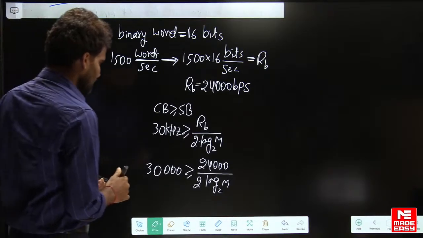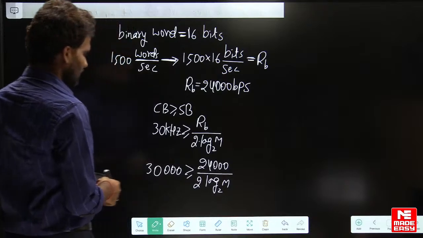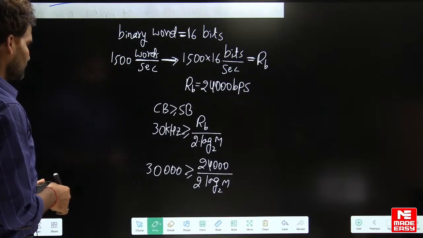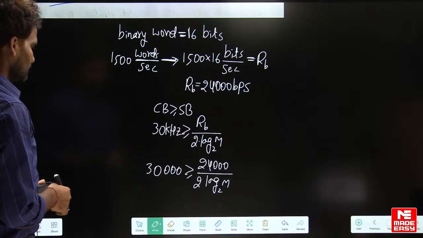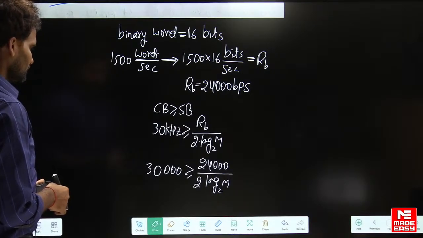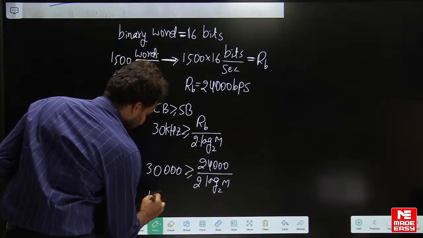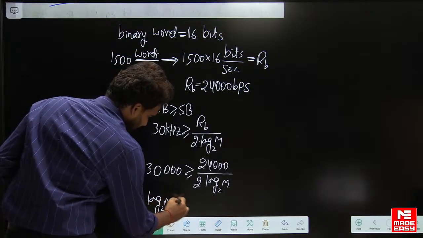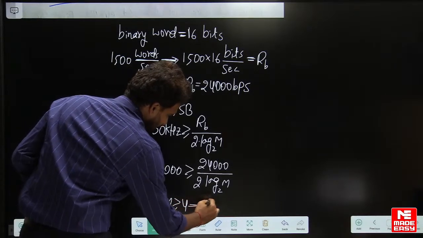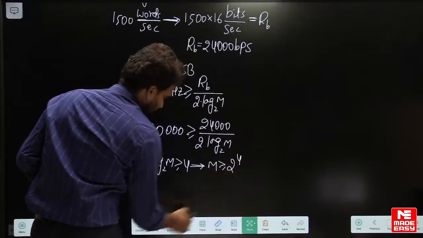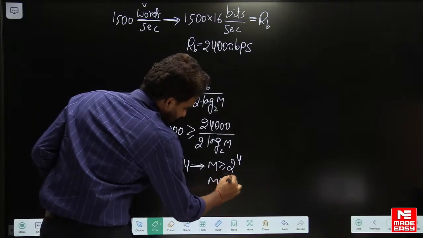So it comes to be, yes. So log M base 2 greater than or equals 4, you will get M greater than or equals 2 power 4. So M greater than or equals 16.